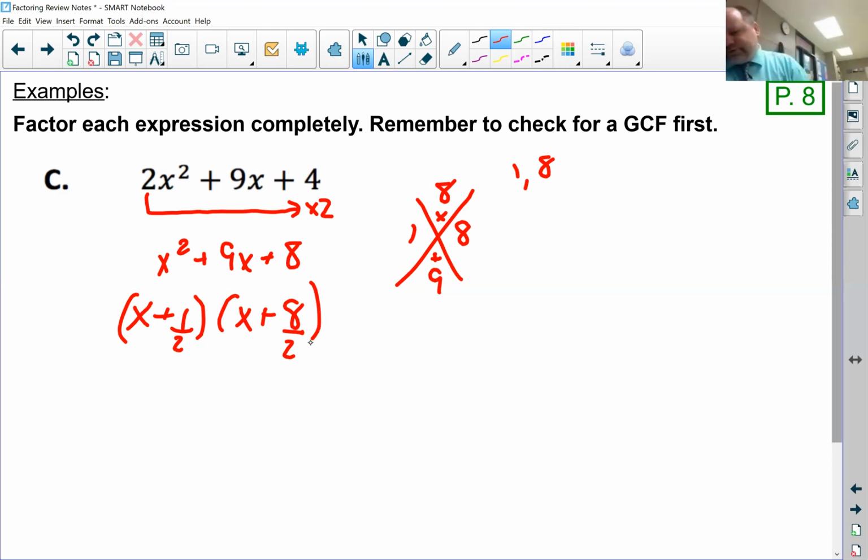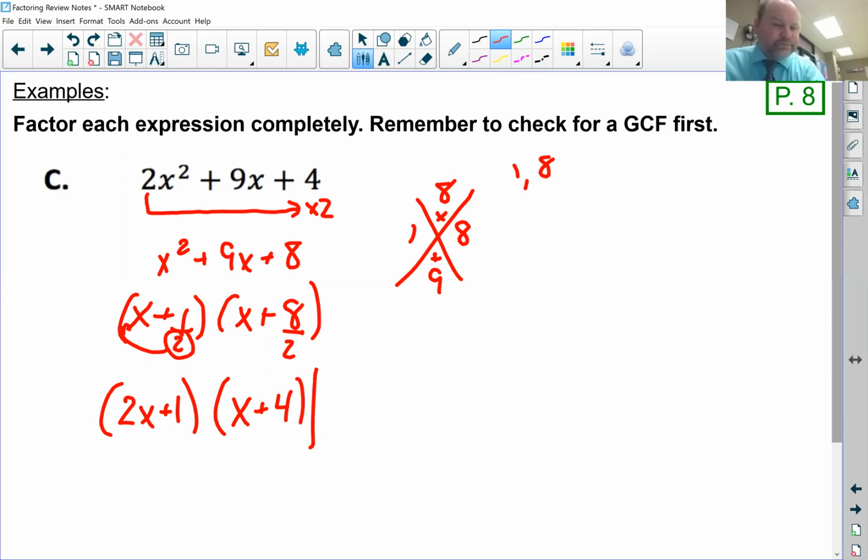So that goes up as the coefficient in front of the x. Eight divided by 2 is 4. And we're done.